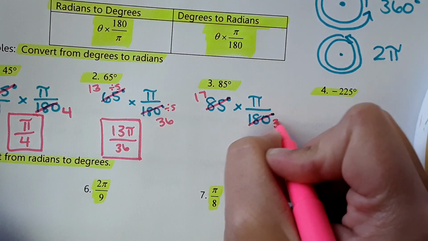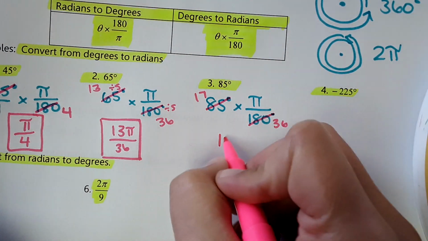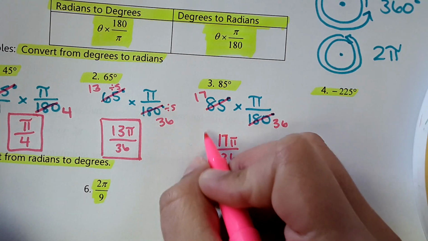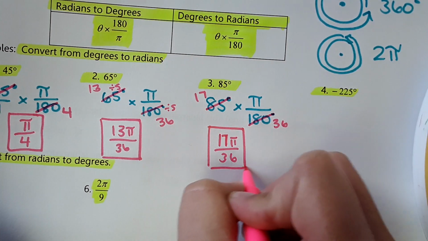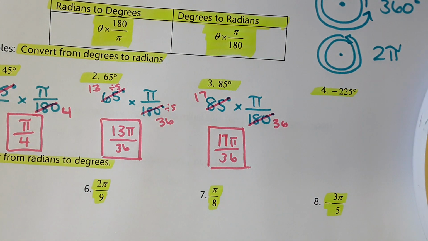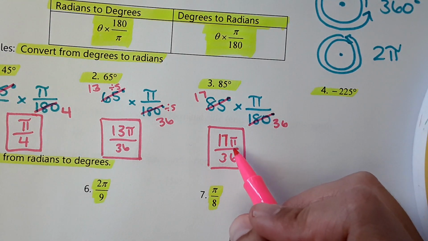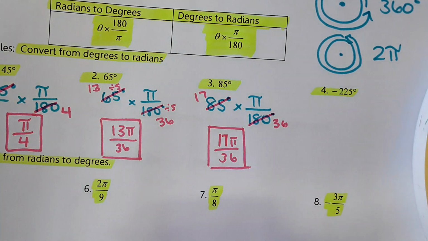Divide this by 5, we get 36. And then 17 pi over 36. Considering these numbers, 17 over 36 is maybe about 1/2, so this angle would be somewhere around 90 degrees.